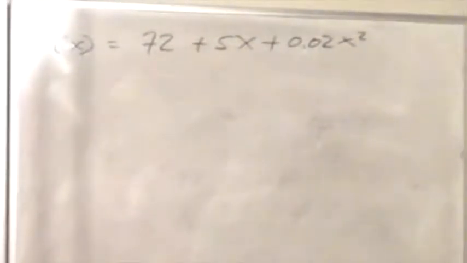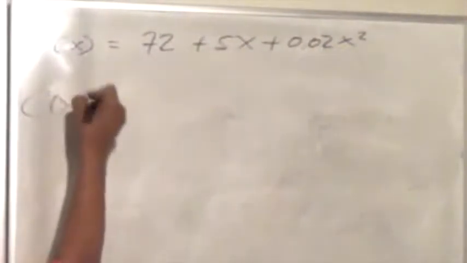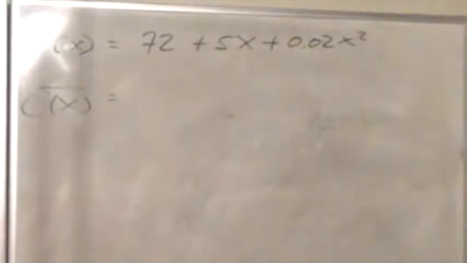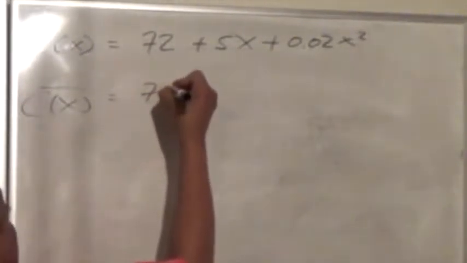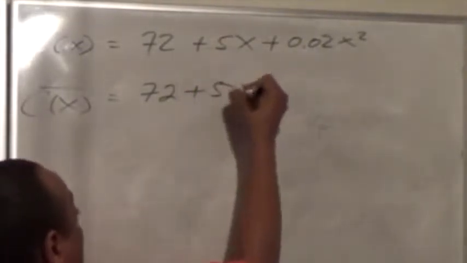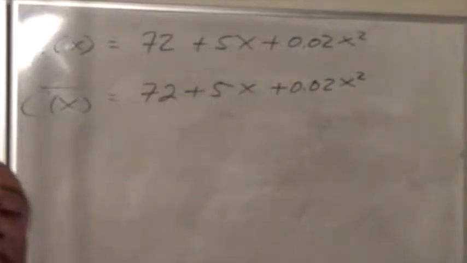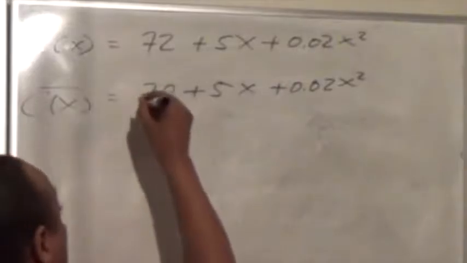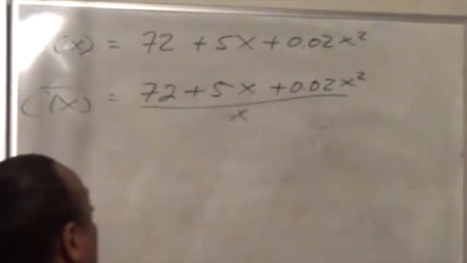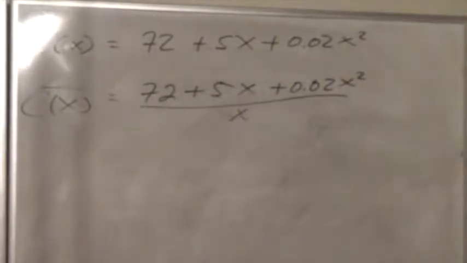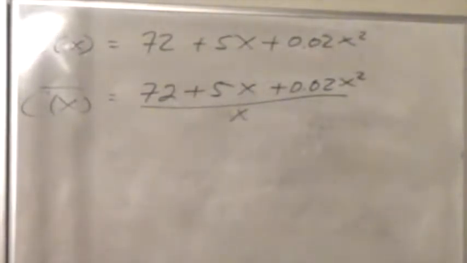So since this is a cost function, we will describe the average cost function, with the little dash on top, as the amount that we're paying divided by all the items that we are working with, which are x items. And I want to minimize this, so I need to take a derivative of the average cost function.